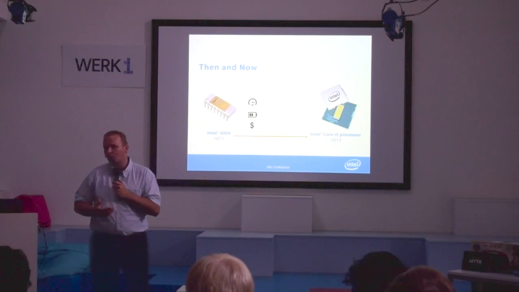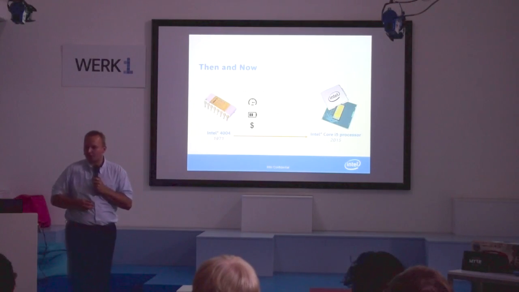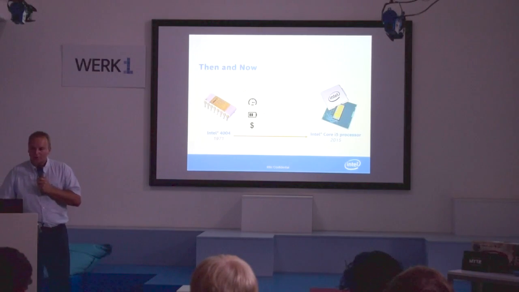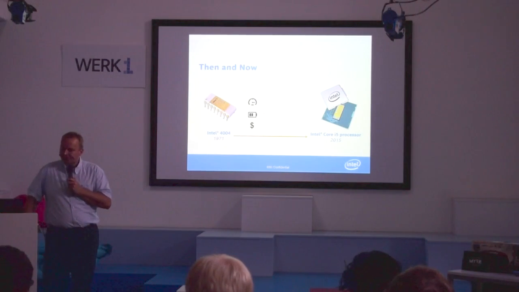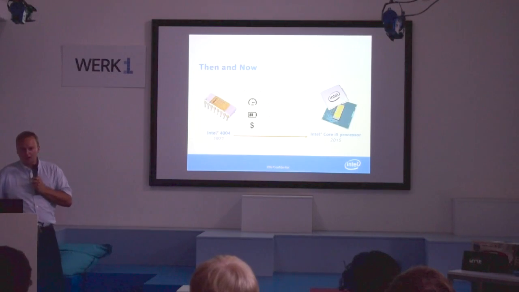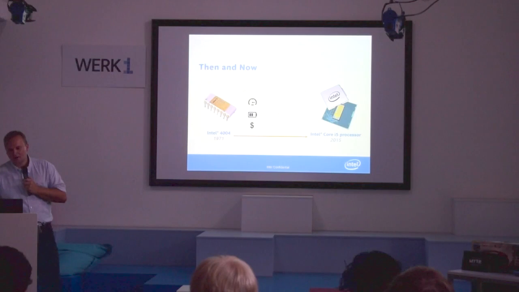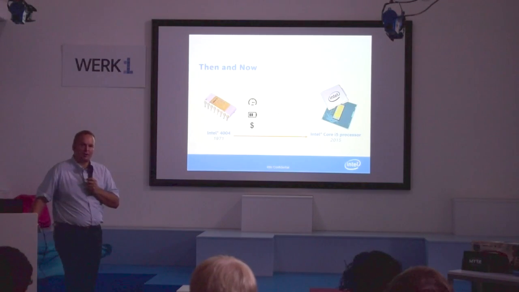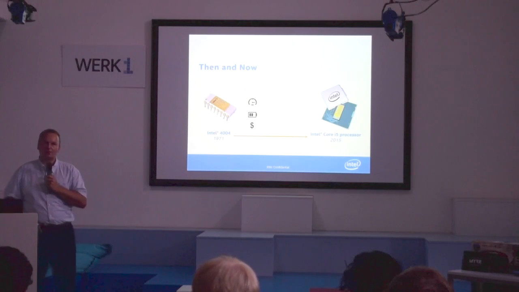So if you look at one of the first microprocessors, the 4004, from 1971 to a processor of today, the performance has increased 3,500-fold. The power consumption efficiency has improved in the order of 90,000 times. And the cost to produce this has been lowered by about 60,000 times.